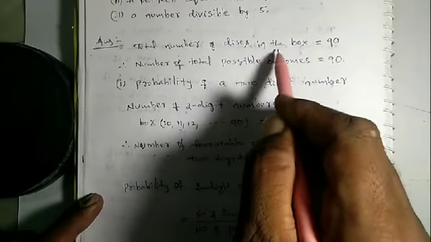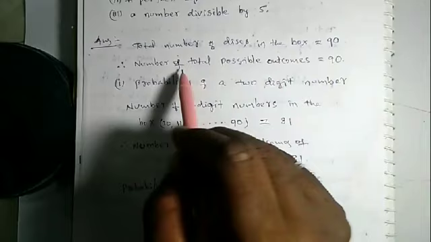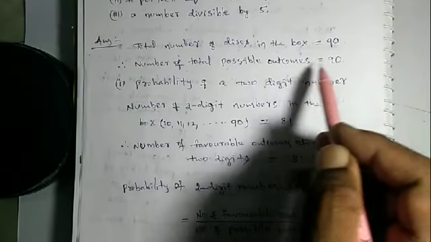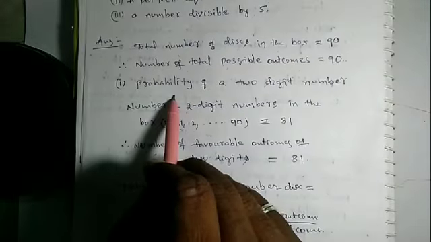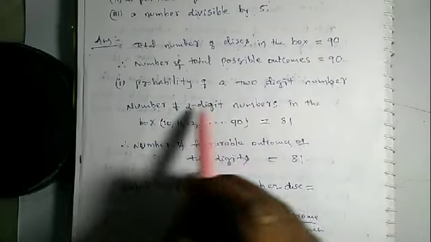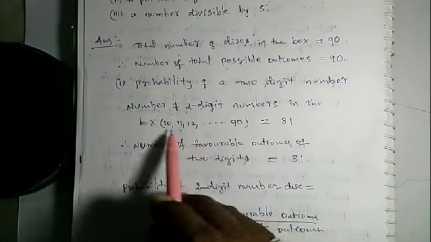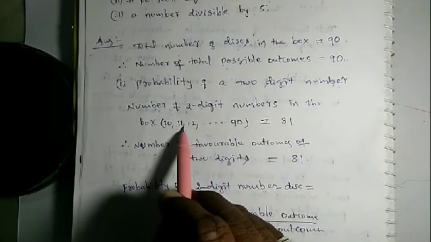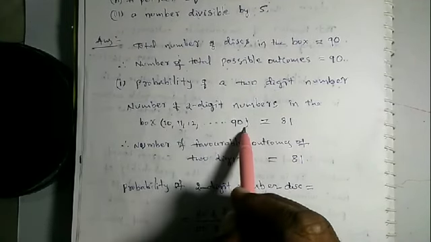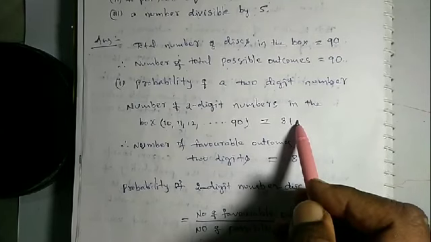Total number of discs in the box is 90. Number of total possible outcomes are 90. Probability of a two-digit number: the numbers are 10, 11, 12, up to 90. They are 81.